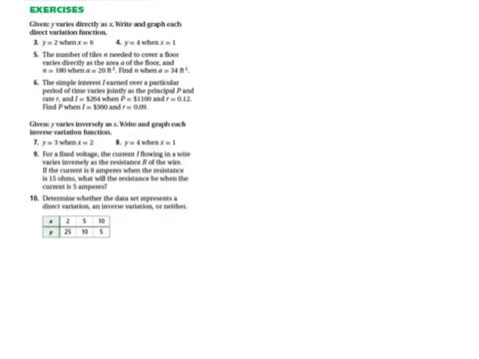Y varies directly with x in problem 3. Write and graph each direct variation function. So if y varies directly with x, we've got y equals kx. When y is 2, x is 6.